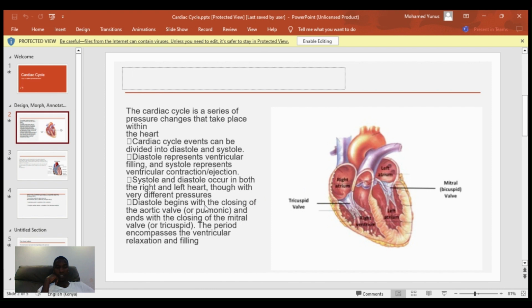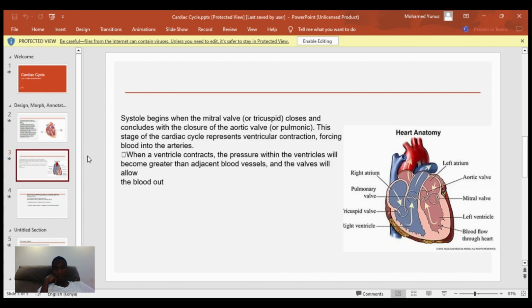Diastole begins with the closing of the aortic valve and ends with the closing of the mitral valve. To get a better understanding, let's go to the next slide that has the diagram of the valves. This is the aortic valve right here, and diastole ends with the closing of the mitral valve.